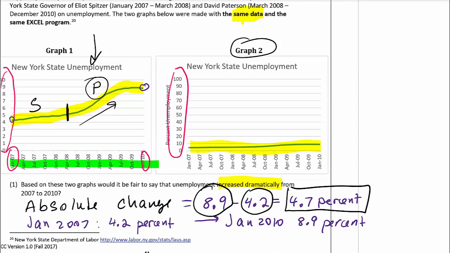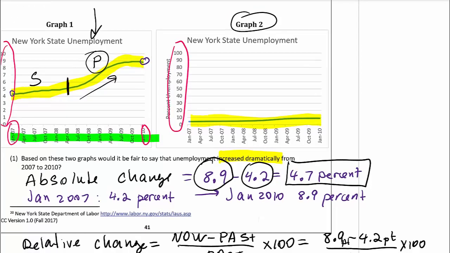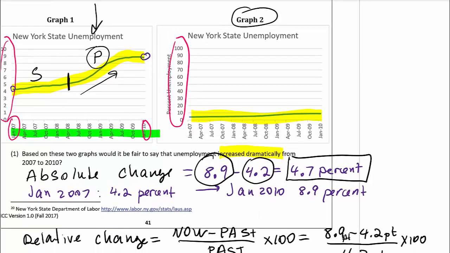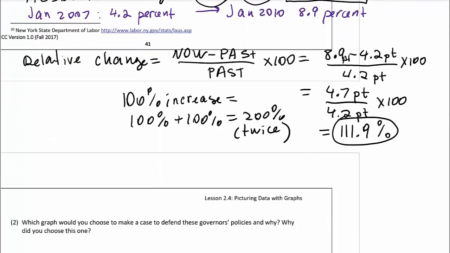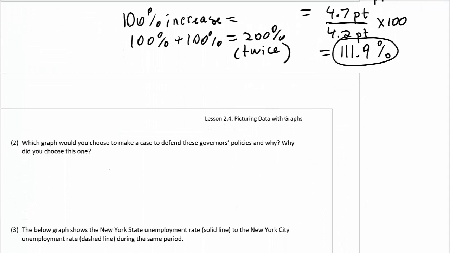You can see the numbers rise from about 5% to about 9%, while for Spitzer it started at 4 and it ended at 5, so it's a much lower increase. But again, the recession of 2008 explains that higher increase. Okay, so here we're going to put graph number 2 because it shows that things are more or less flat.